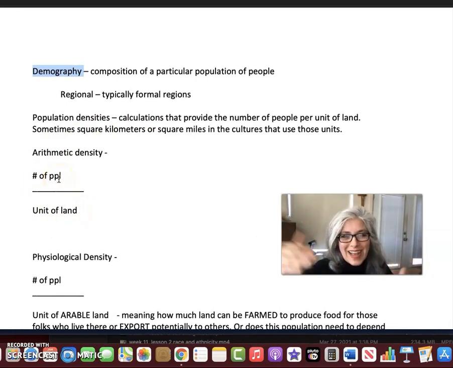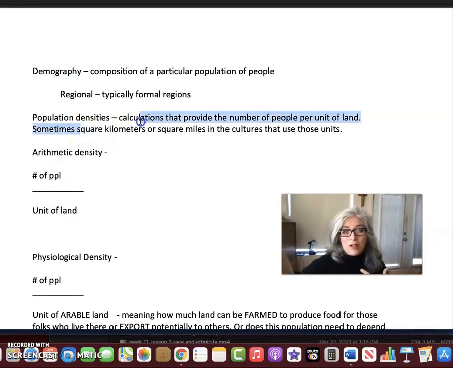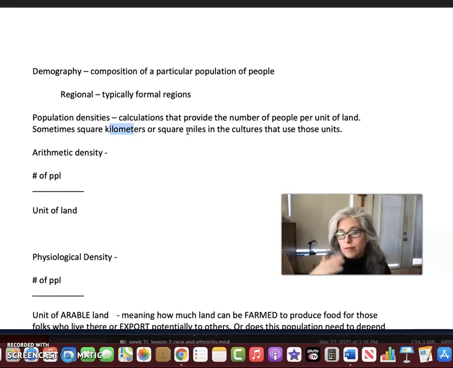I'm getting a little bit ahead of myself here because we need to talk about square kilometers or square miles, because depending upon where you are in the world, kilometers might be the dominant unit of measurement, or miles like we use here in the United States. But you can calculate it either way.